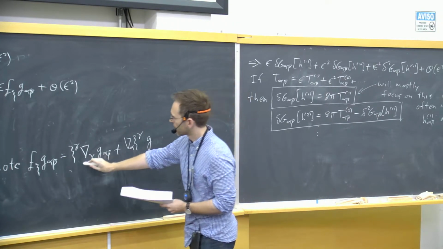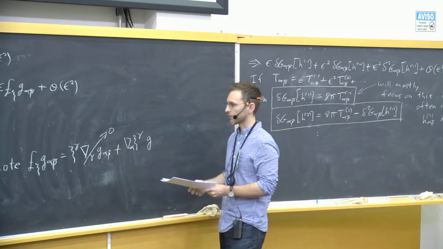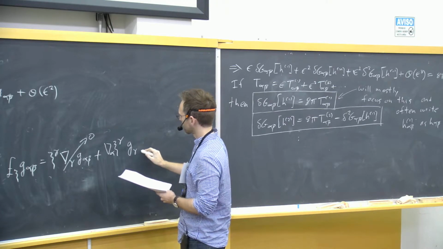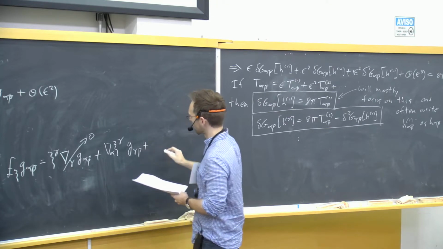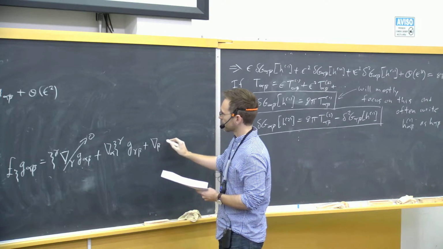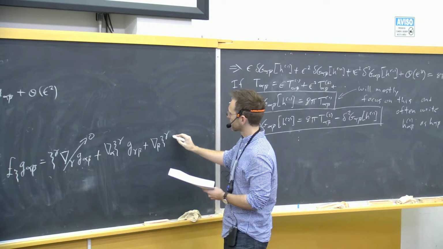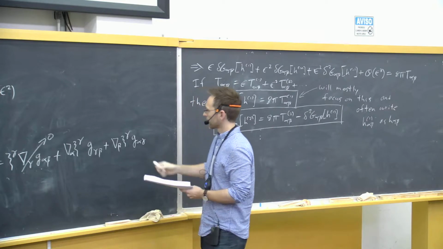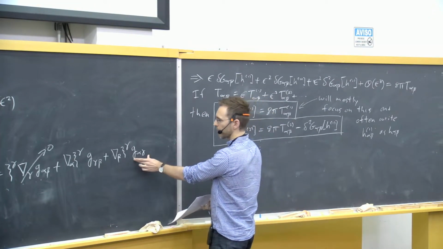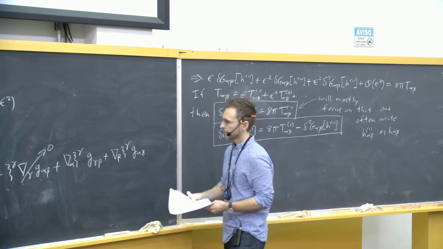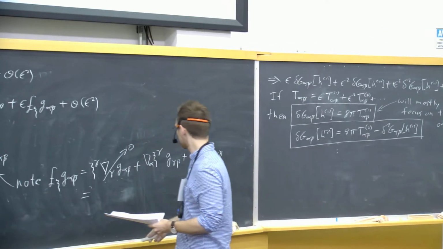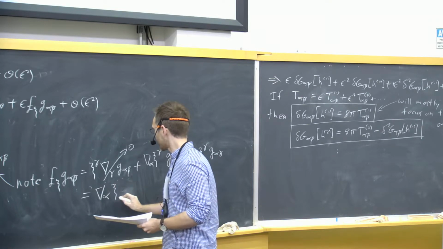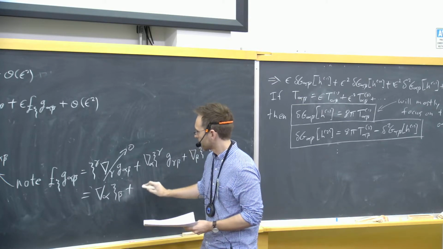And so then this term is identically 0 because it's the covariant derivative acting on the metric. And we have these two terms that are derivatives of the gauge vector xi. And for these terms, we can move the metric inside the derivative because the metric commutes with the covariant derivative. And what we get is just the gradient of xi symmetrized.